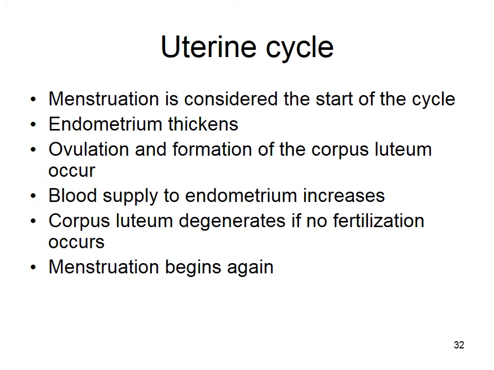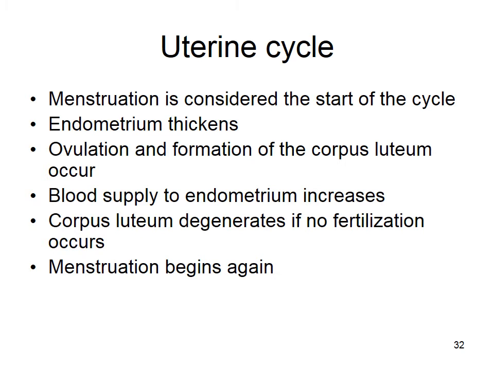Ovulation causes the formation of the corpus luteum. At that point, you get both estrogen and progesterone, and that causes blood supply to the endometrium to increase. If the corpus luteum degenerates, you get a drop off in estrogen and progesterone, and that cuts off the blood supply to the endometrium, and menstruation begins again because that layer is shed.